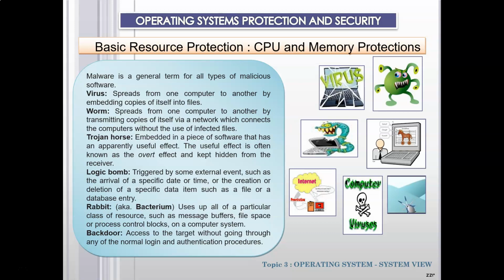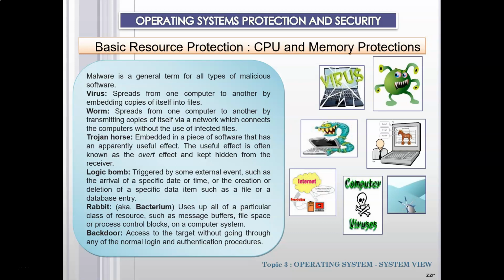Okay, the third one is the Trojan horse. A Trojan horse is a program that looks like a real program, but actually it contains malicious intent inside it. For example, you download an MP3 program from the internet, and you can see that the file has an MP3 extension behind it, and you think that this file is secure because it is an MP3 file.